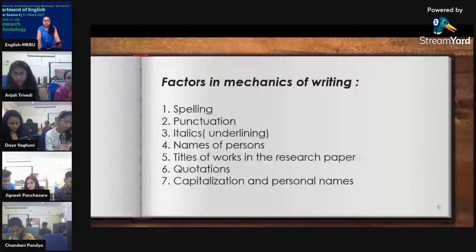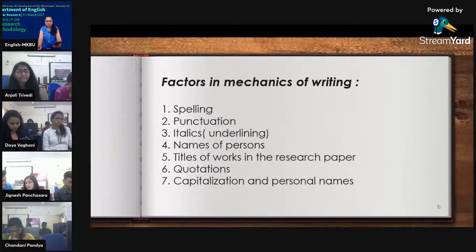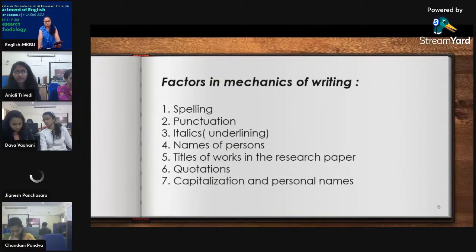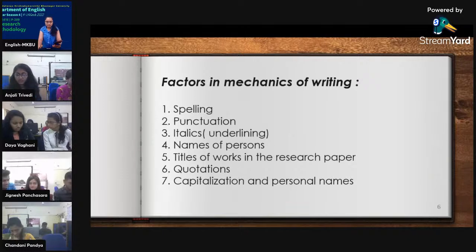For quotation, only the most important words, phrases, lines, and passages should be quoted in a research paper, as briefly as possible. The researcher should put them within quotation marks if they are three lines or less.